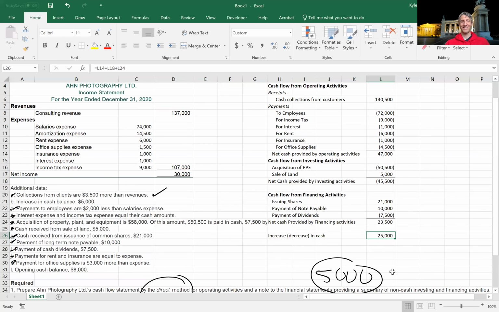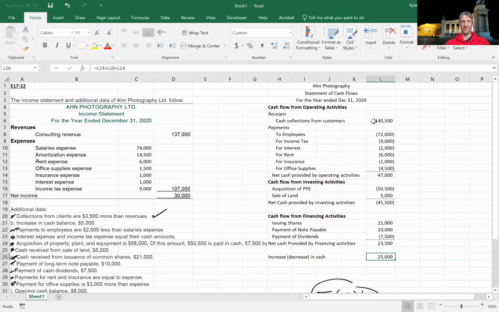25,000. Okay, so I made a mistake somewhere. This is not great, but let's see. Collections from cash, 3,500 more, yes. Payments to employees are $2,000 less than salaries expense, yes. And I know that this is wrong because it told me there was an increase in cash balance of $5,000. So let's see.